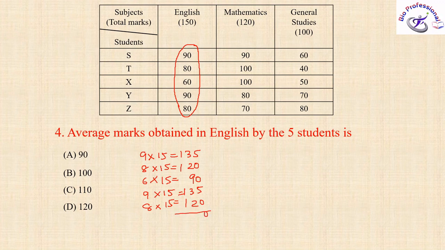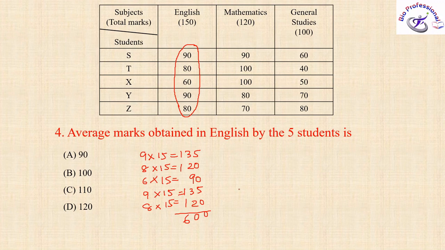So you just add it up. Let me count: 5, 14, 17, 19 and 20, and it becomes 600.